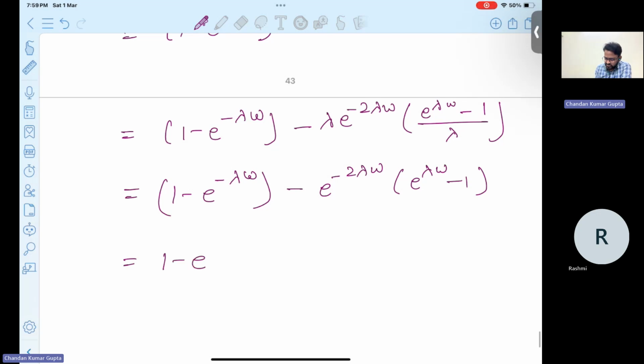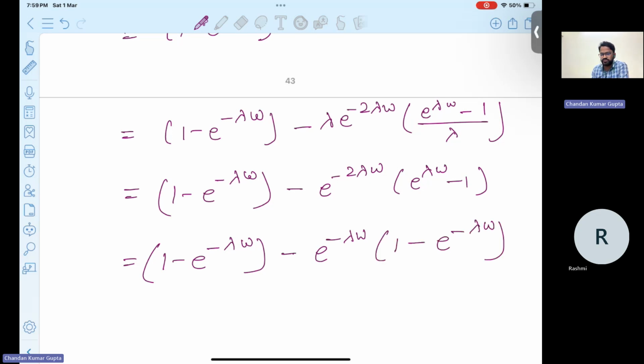So 1 minus e to the power, we just need to rearrange it so that we can take some common factor. So e to the power minus lambda w into e to the power minus lambda w, and e to the power plus lambda w comes out to be 1 minus e to the power minus lambda w. Is it okay up to this point?